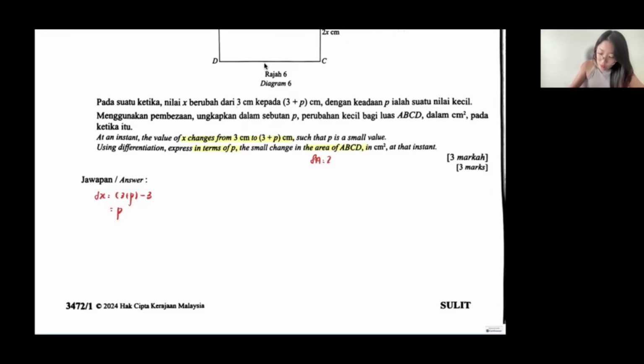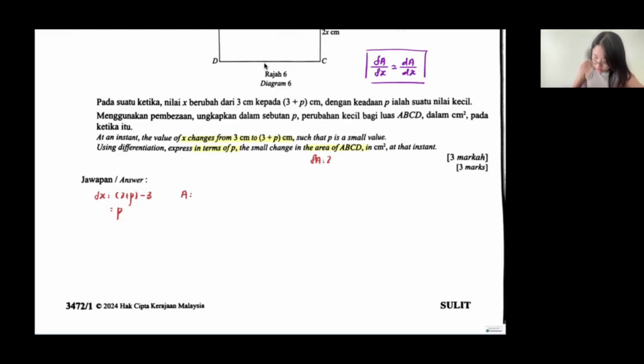Our formula for small change, with area with respect to x, you need to know: delta A over delta x is approximately equal to dA over dx. We're going to use this formula later, so we need to find dA over dx.